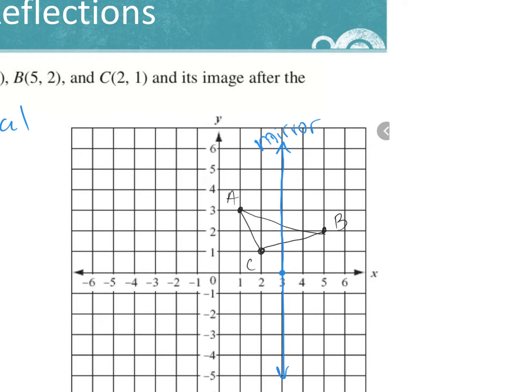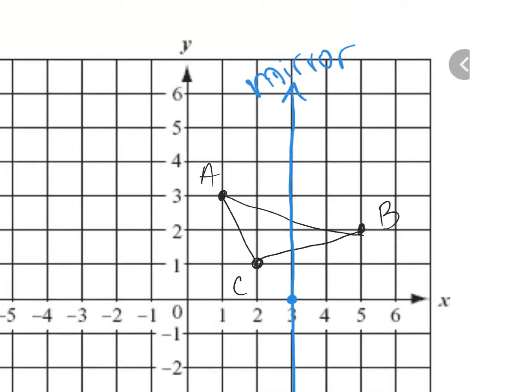Now, let's start with point A. You want to draw a perpendicular segment from A to the mirror. Do you agree our mirror is vertical? What's perpendicular to a vertical line? Horizontal. So horizontally, draw a segment from A to the line.